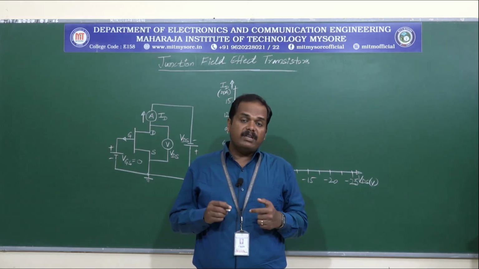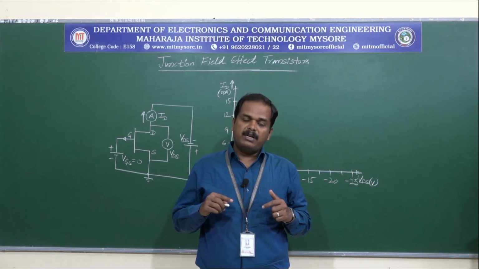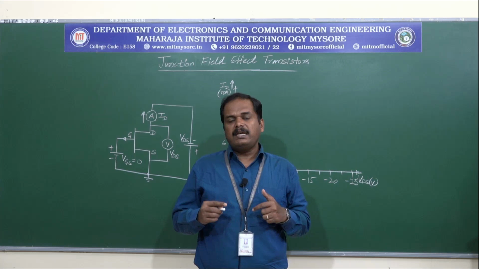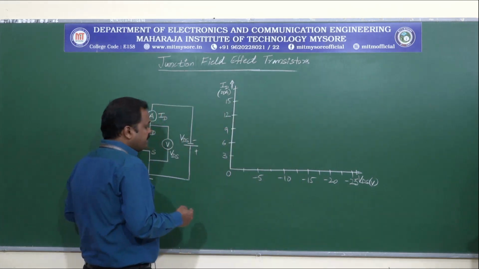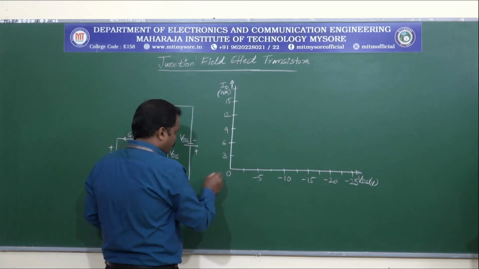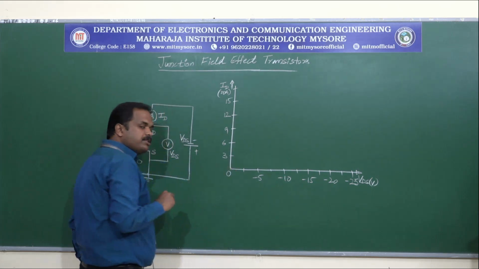Now when we consider VGS equal to 0, there would be no depletion regions penetrated into the channel region, so there would be easy current flow. So when VGS is 0 and VDS is 0, ID will be 0.